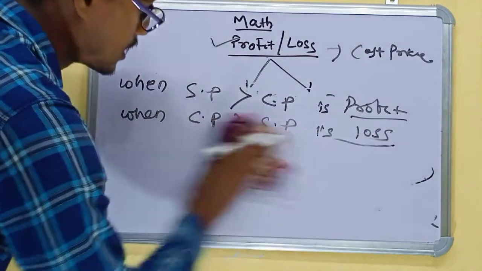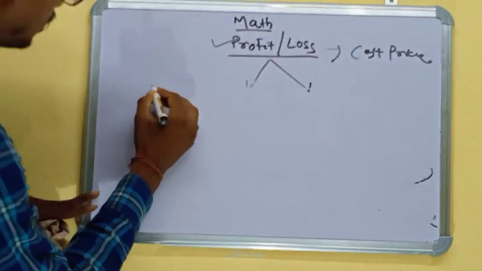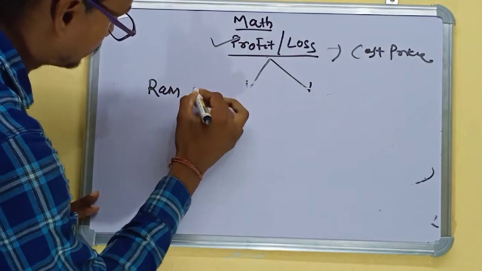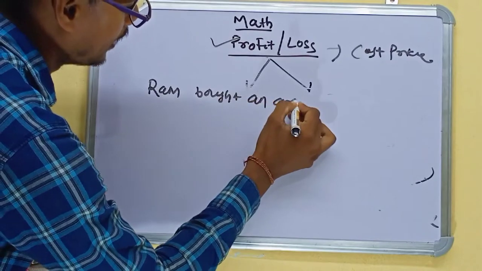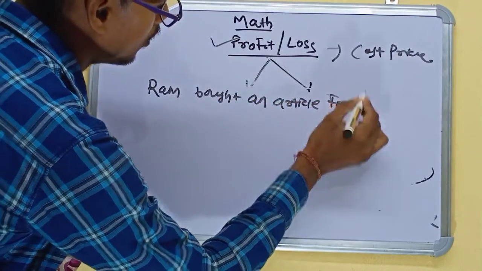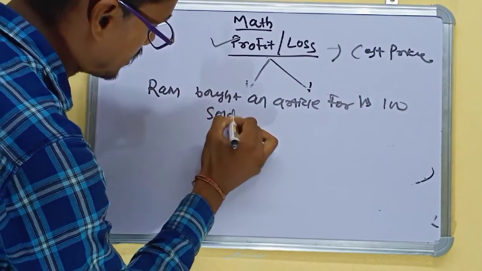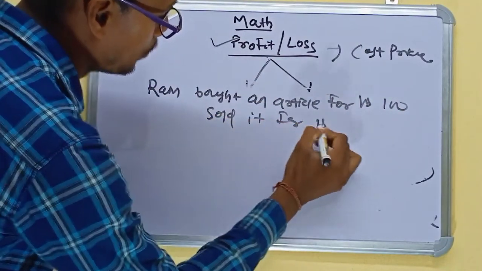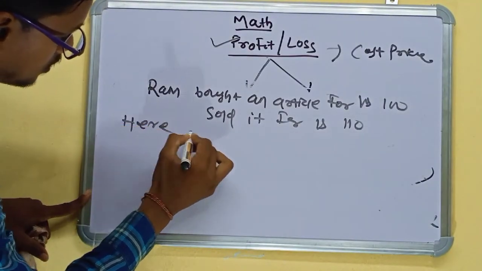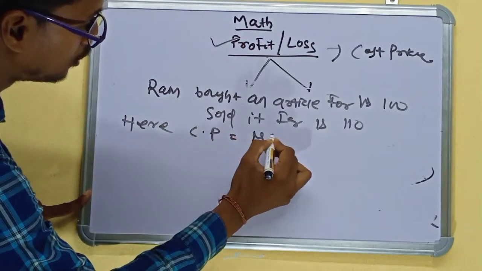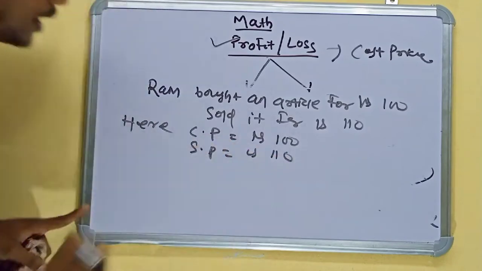Then we explain it through an example. Same example. Ram bought an article for rupees 100 and sold it for rupees 110. Here CP is rupees 100 and SP is rupees 110.